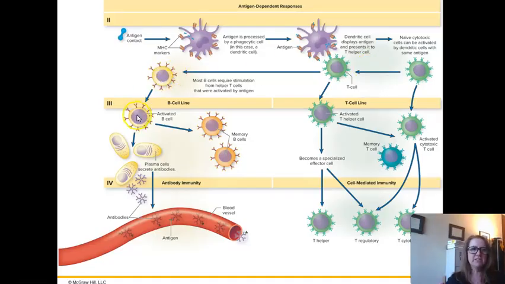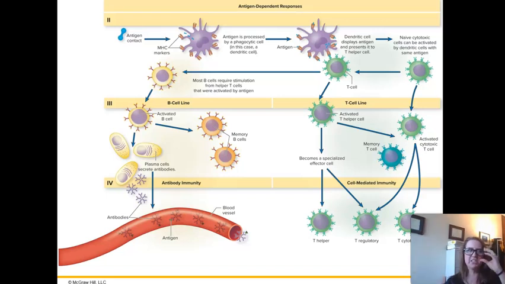It's going to be activated, and it is going to make antibodies specific to the very antigen that you've been exposed to. Here it is, cranking out antibodies, and they go into the bloodstream to wherever the source of infection is. Now you notice that this activated B cell is also going to do a very important process, which is recording the memory of your exposure. This allows you to have longer term immunity to that antigen that you were exposed to.